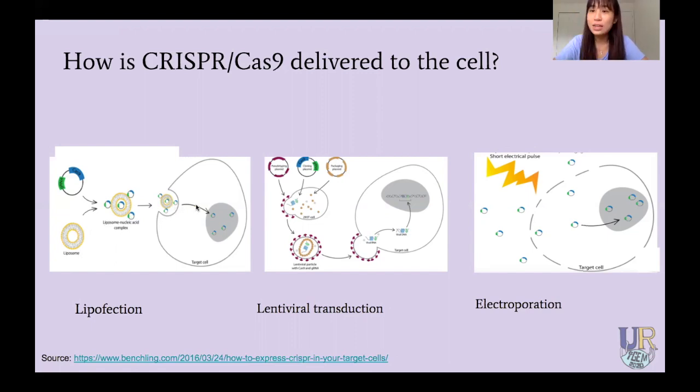The second one is lentiviral transduction. In this mechanism, again, the plasmid that encodes for Cas9 and guide RNA is introduced into 293T cells, as well as 2 plasmids that encode for the virus.